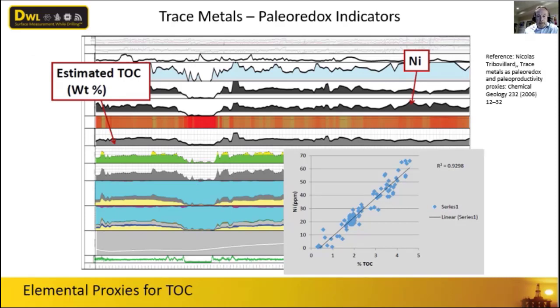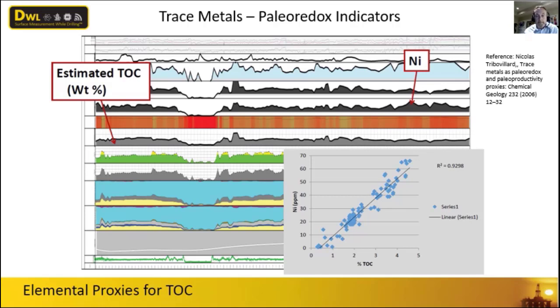It has been published by many how to use elemental data, particularly trace metals like molybdenum, vanadium, nickel, chromium, as a paleo redox indicator. These metals form in anoxic or euxinic environments. A good reference paper here is Chemical Geology 232, 2006 by Nicholas Tribovillard.